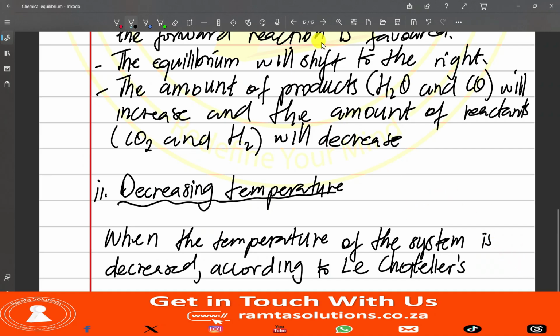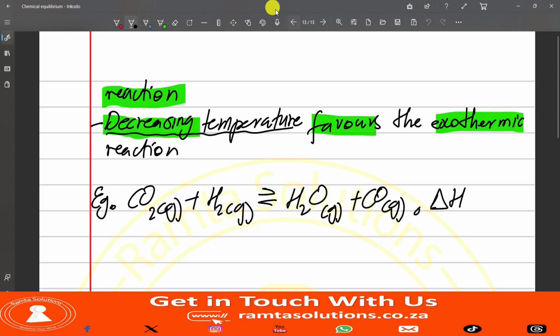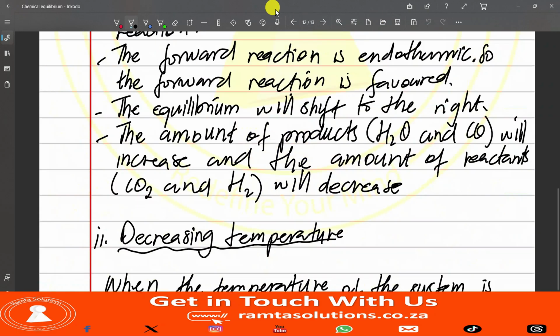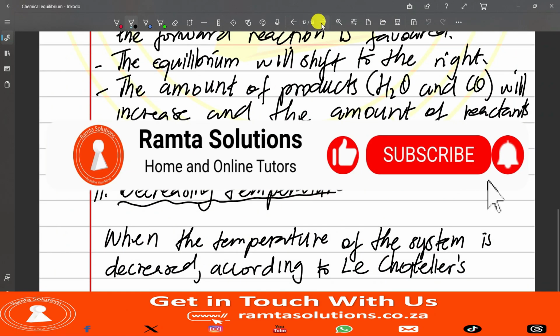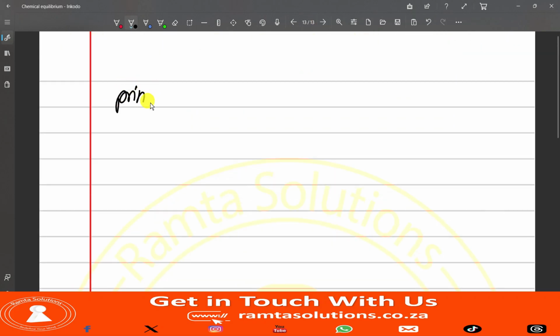Let me see, what do we say? How did we end it? According to Le Chatelier's principle, the system, what will it do? It will act to oppose the disturbance.